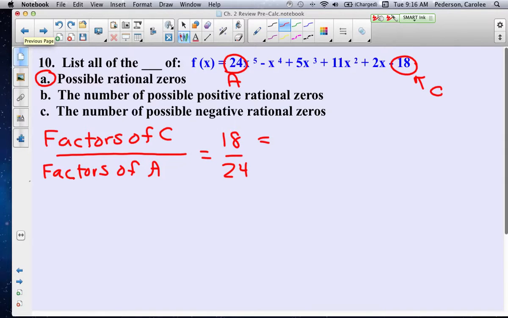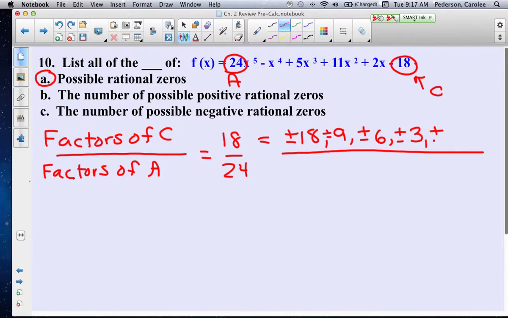Say, what divides into 18? So 18, 9, 6, 3, 2, 1.